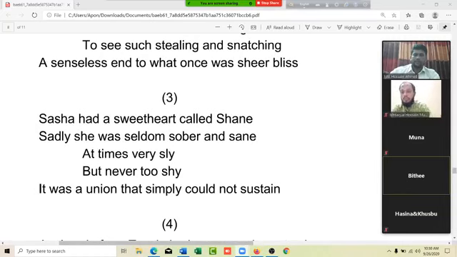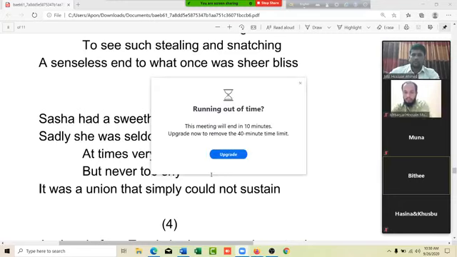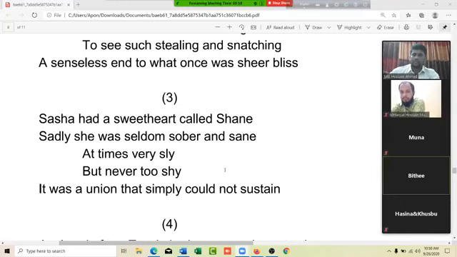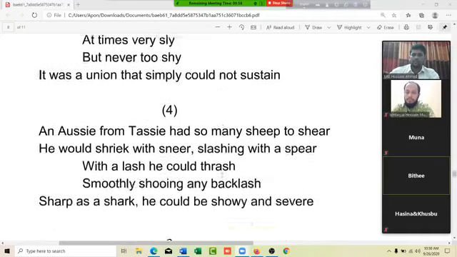Poem number 3. Sasha had a sweetheart called Shane. Sadly, she was seldom sober and sane, at times very sly, but never too shy. It was a union that simply could not sustain. Poem number 4.